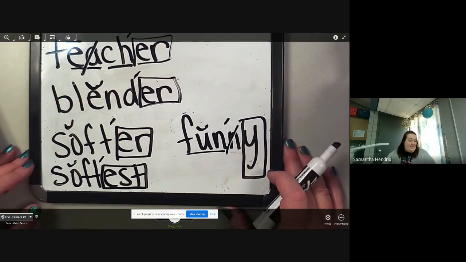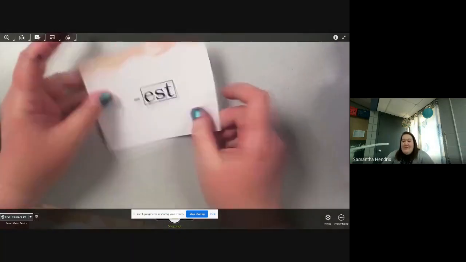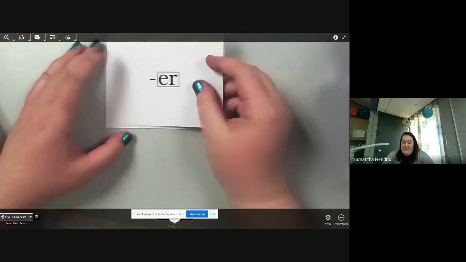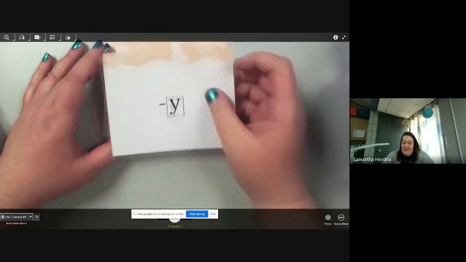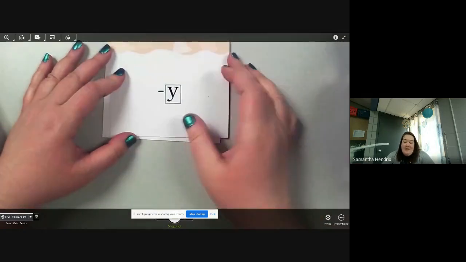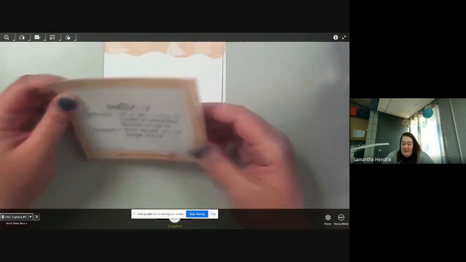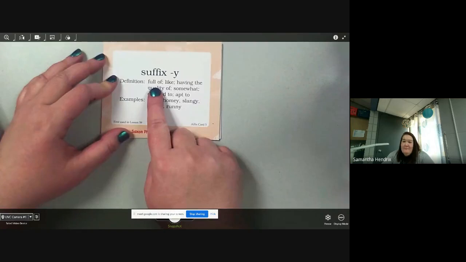Okay? So let's look at our affix word cards. So when we see this, we say suffix EST, suffix ER, suffix Y. So here's the definition. Full of, okay?